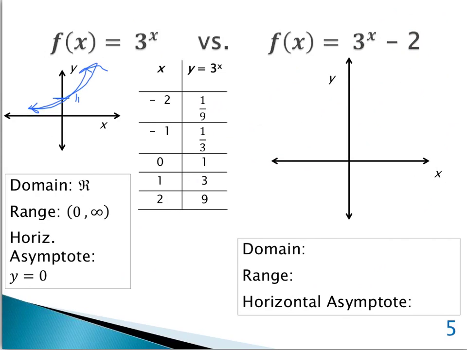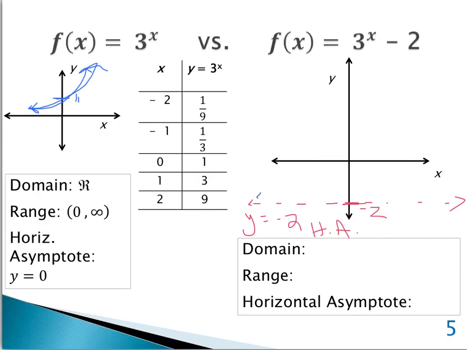So take every y value that's here and subtract 2 from it. What that does is it shifts the entire graph down 2 marks on the y-axis. So instead of our asymptote occurring at y equals 0, it's now occurring at y equals -2, and that's our horizontal asymptote, which occurs here at -2.